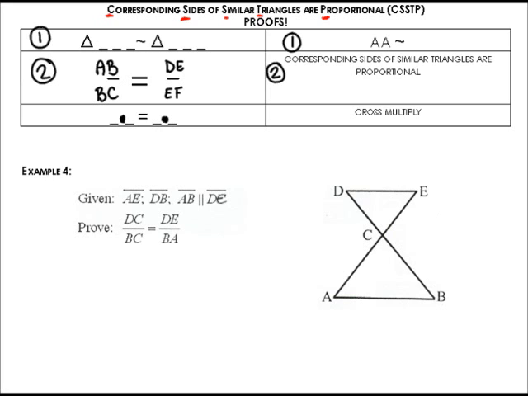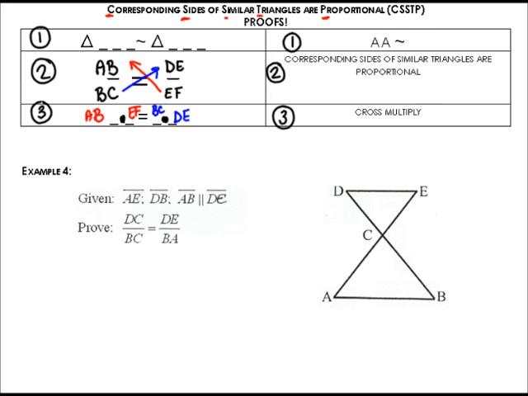And then after you know which sides are proportional, we can take it one step further by cross multiplying. And if you cross multiply, you can see here we're going to get AB times EF is equal to BC times DE.